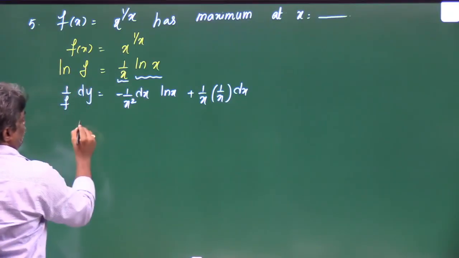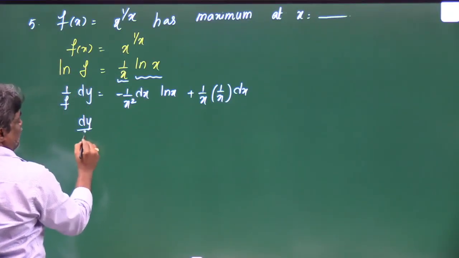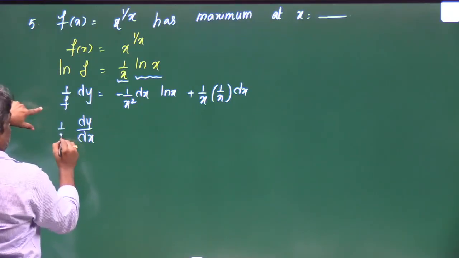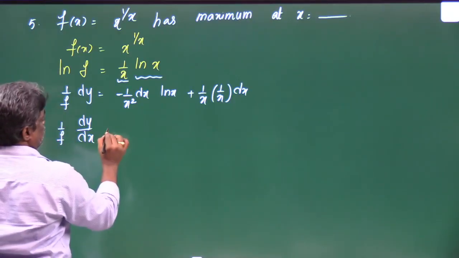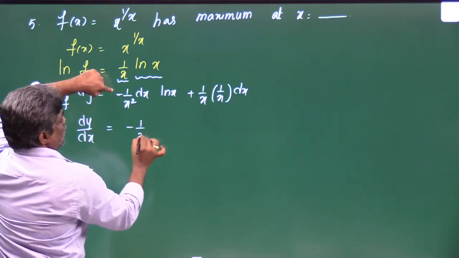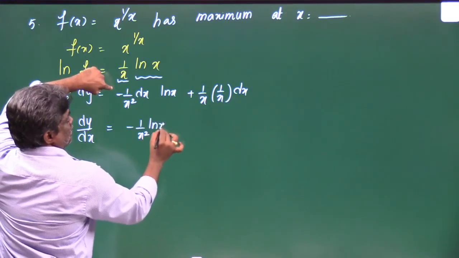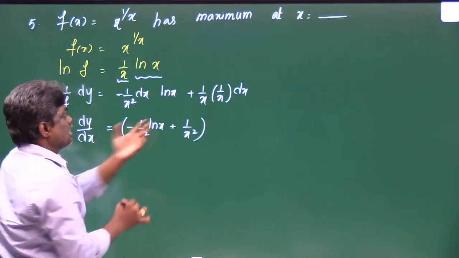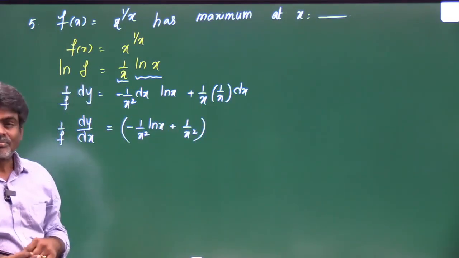So dx you can bring this side, that means df by dx. So here I have 1 by f, of course let it be there only, and here I got minus 1 by x square log x plus 1 by x square, because the dx I brought this side.